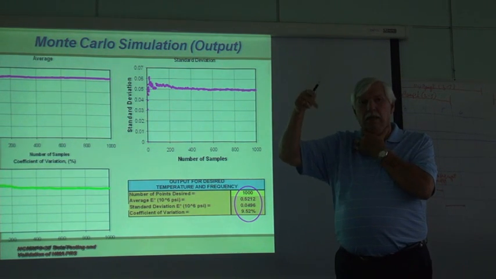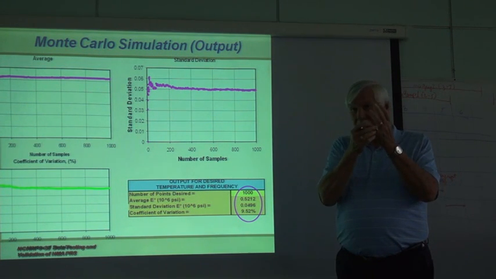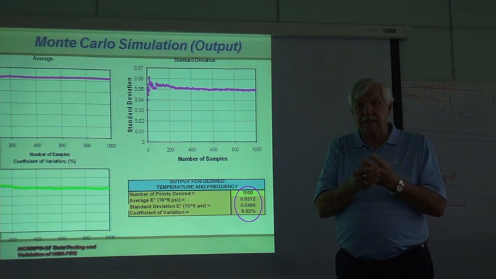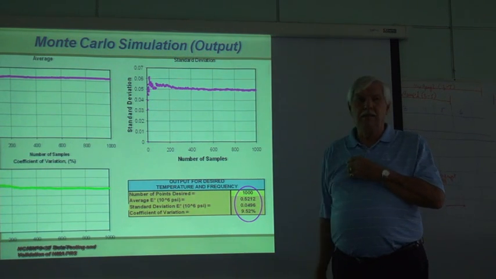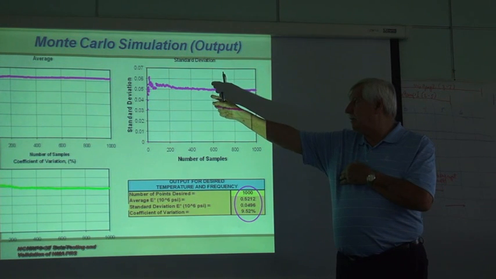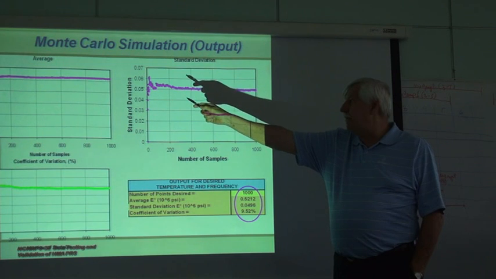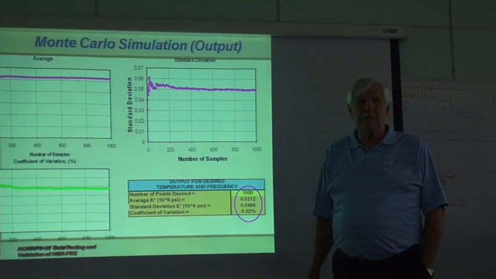You input the mean value and the variances associated with asphalt content, air voids, bitumen volume, gradation effect, the 4 variables I have in the predicted model, the viscosity, and what you'll get here is in the blink of an eye. When you touch this, it'll start at the beginning and go to the end. And what you're seeing then is the mean value, the standard deviation and the variance of your analysis.